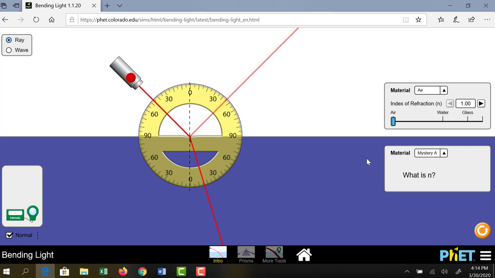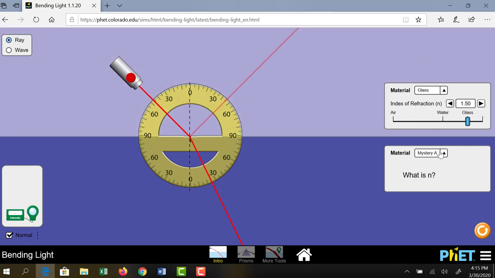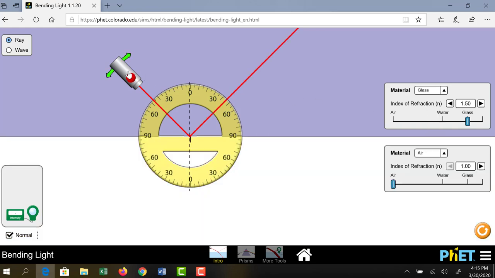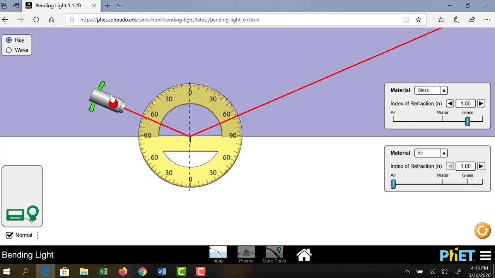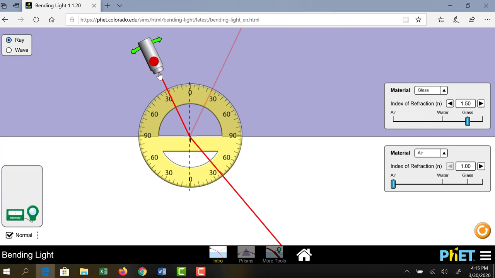There's something called total internal reflection, and it only happens when you go from a higher index of refraction to a lower index of refraction. So let me make this glass, and let me make this one air. If I take this and move it around, you can see here's the laser.